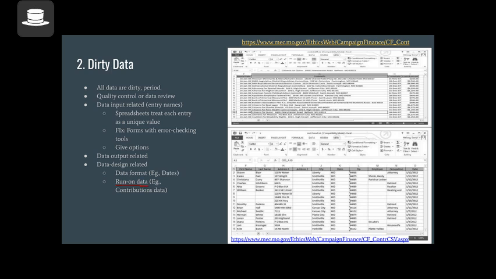Why is it a problem? Let's say you're trying to see which zip code has the most speeding tickets. Well, you cannot do that based on this data structure because you cannot isolate the zip code. You only have the entire contact information in one column.